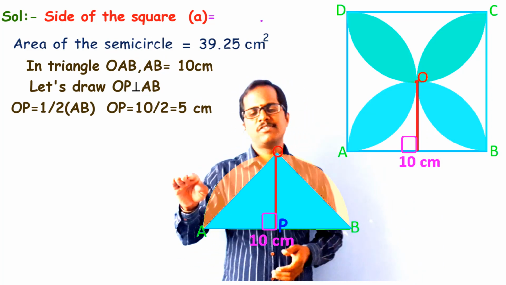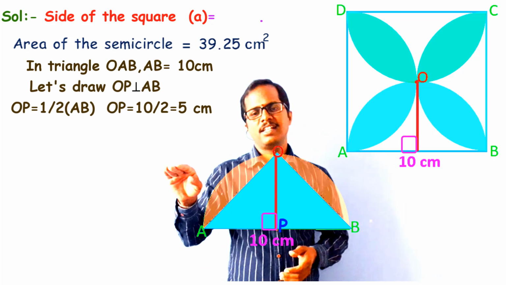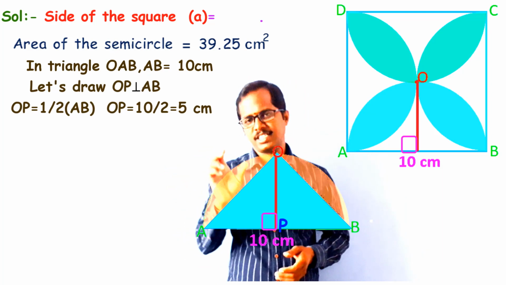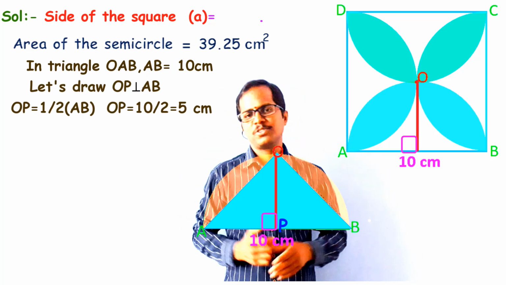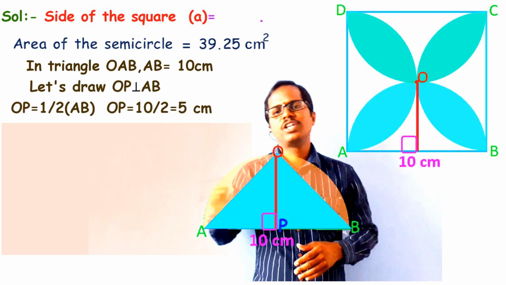So now we have the base of the triangle OAB, that is AB, as 10 centimeters, and its corresponding height OP is 5 centimeters. So we can find the area of the triangle OAB.